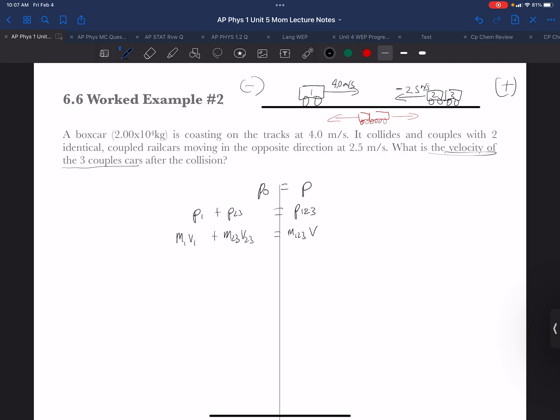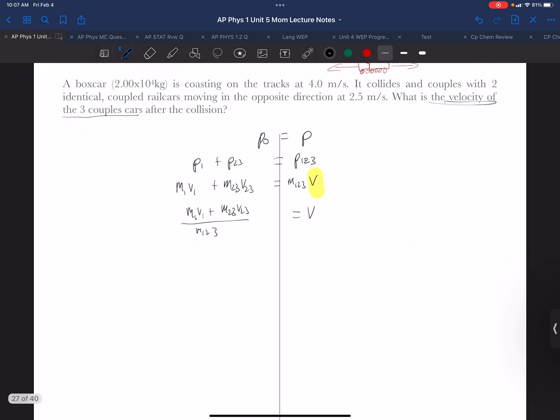And we're looking for that velocity. That's our unknown. So we can solve. We can write an expression for this, that the velocity afterward is going to be m1 v1 plus m2,3 v2,3 all over m1,2,3. So this is our expression. This will be true of any scenario like this.